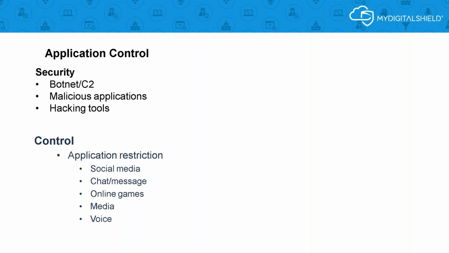But it's also used a lot for identifying types of applications that are security threats. A big part of it is botnet or C2, any kind of malicious applications, hacking tools, those types of things. So it goes both ways. Again, that fence, keeping the bad stuff from coming in, and also keeping the wandering from going out to places, or doing things that are maybe even time wasters, or doing things that are dangerous.